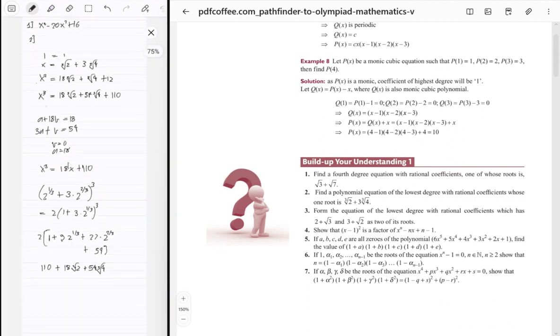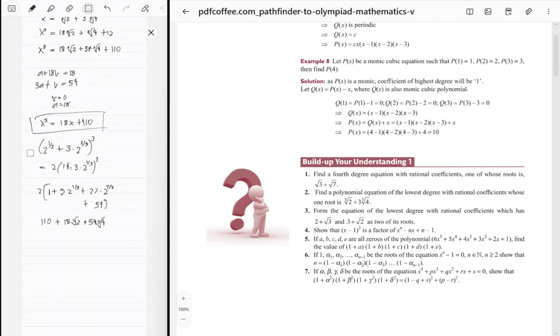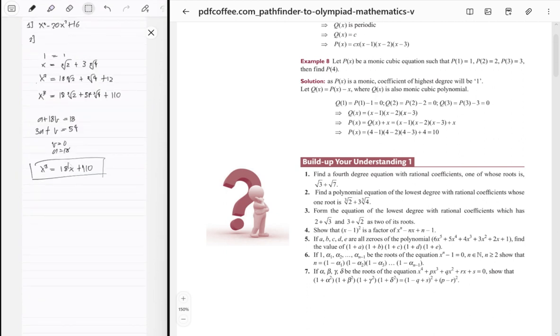So what does that mean? x cubed is equal to 18x plus 110. Of course, that's got to be the thing. With just x and x squared, any kind of linear combination, you can't eliminate both of these radicals simultaneously. You have to go to x cubed to actually do this.